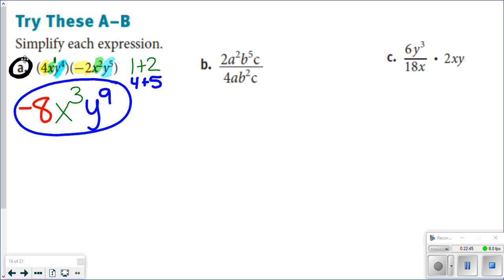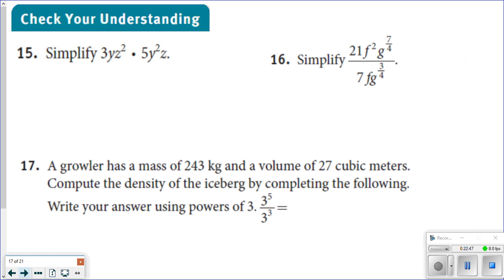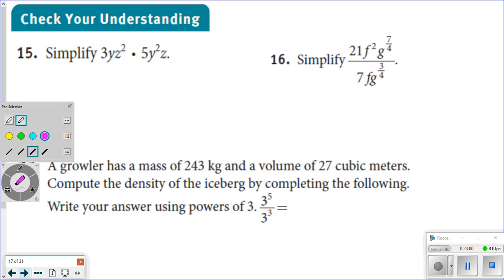Okay, we're going to skip B and C, and we're going to go to question 15, which again is a multiplication problem. And I want you to try this question on your own. See what answer you can come up with.